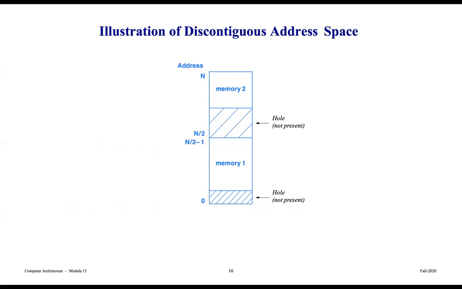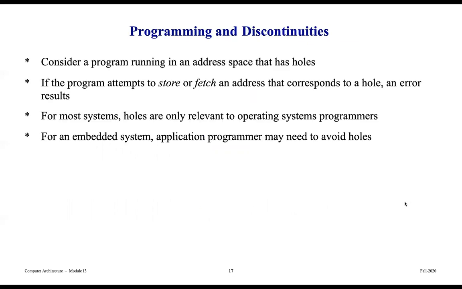And here's an illustration of a discontiguous address space. So you have your memory modules, and you're thinking that you have this total amount of memory, but what you actually have is a couple of holes based on how much memory you populated into your computing platform. How about programming and discontinuities?